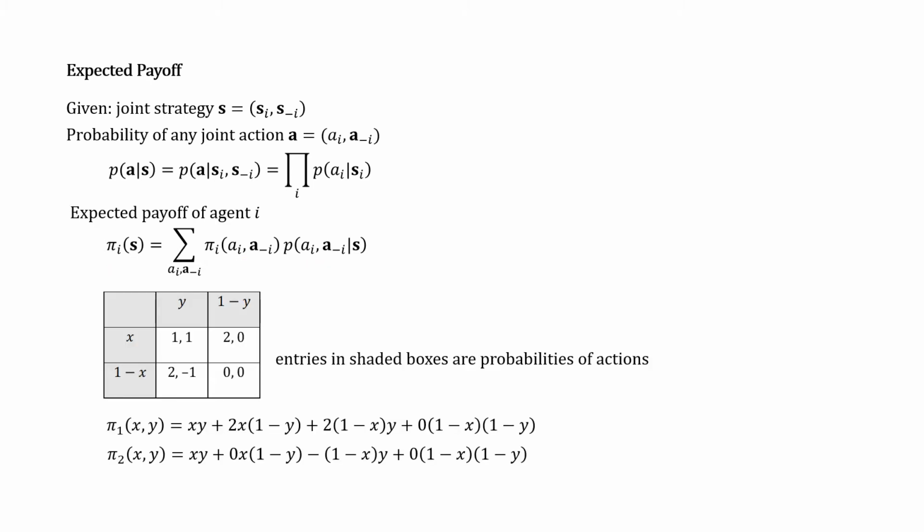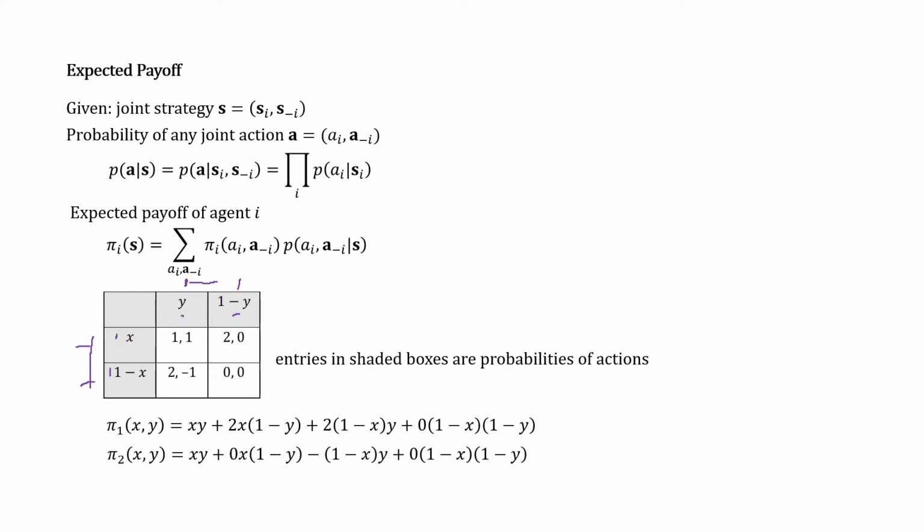Here's an example. So these are the payoffs here, and x and 1 minus x are the probabilities of this first agent, the row agent, to take this action and this action. And likewise, y and 1 minus y are the probabilities of agent 2 to take the left action and the right action.